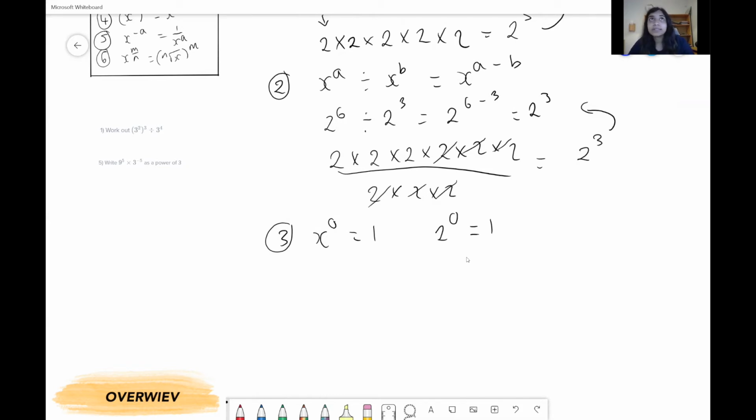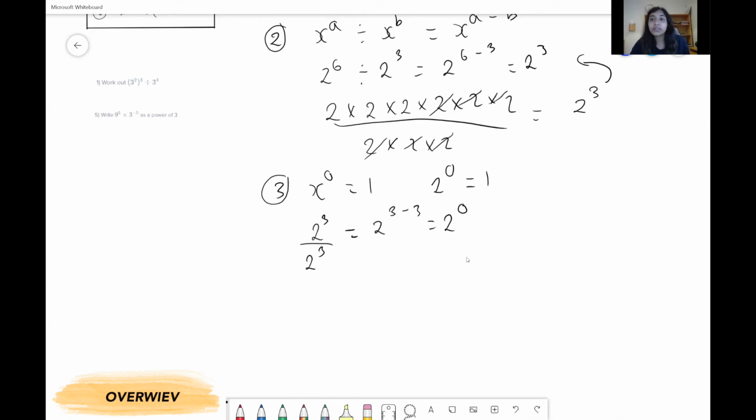To understand how this works, let's say you had 2 to the power of 3 divided by 2 to the power of 3. Using the previous rule, rule number 2, we know that if you're dividing two index numbers which have the same base, all you do is subtract the powers. So that's equal to 2 to the 3 minus 3, which is 2 to the power of 0.